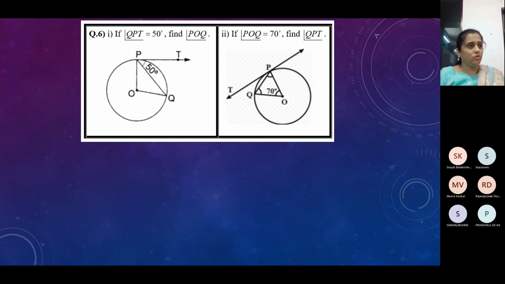Does the chord PQ subtend an angle in the other segment, the alternate segment? No. Where does it subtend on the circumference?